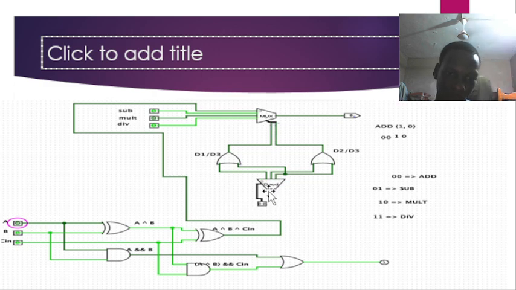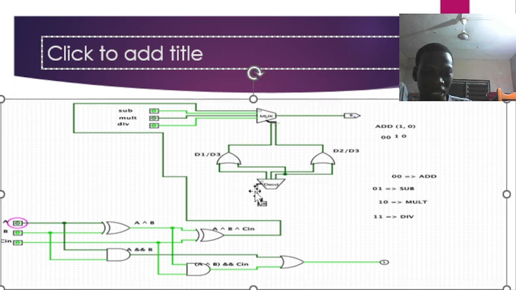Right now it is labeled 00, which means that at this side it is going to pick the first value over here.